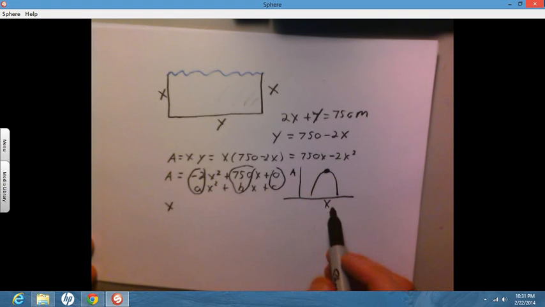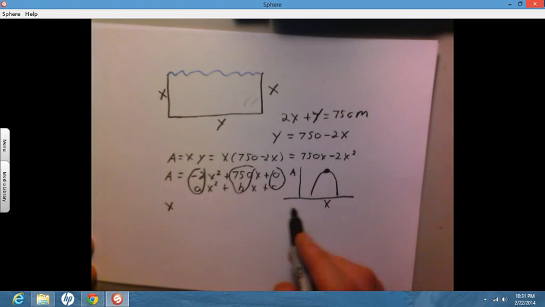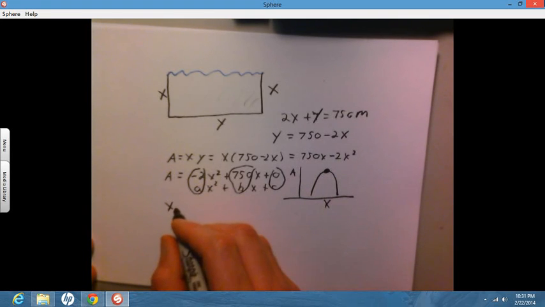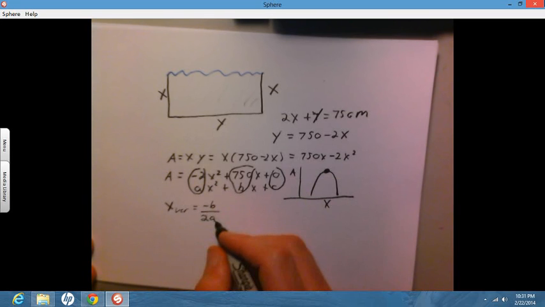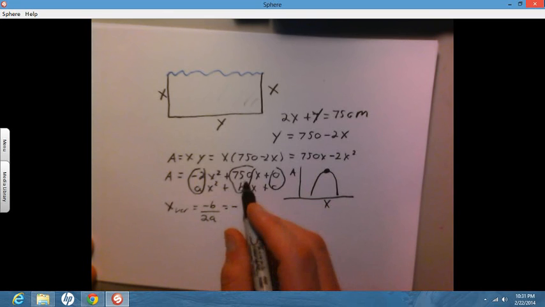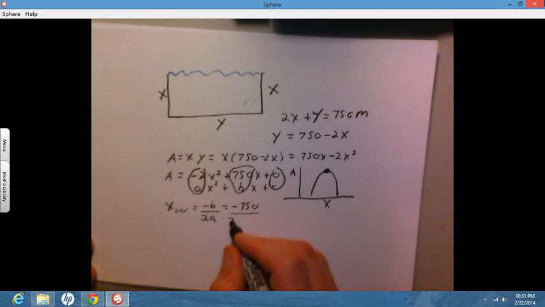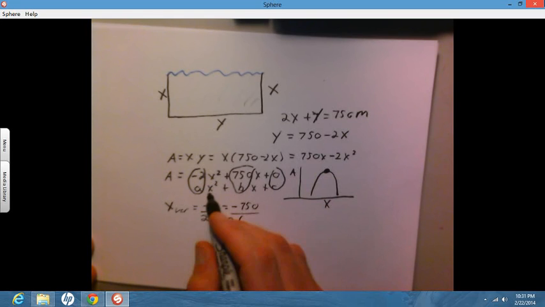So for a parabola, the x-coordinate of the vertex is given by negative b divided by 2 times a. So this is going to be equal to negative 750, negative b, divided by 2 times a, which is negative 2.